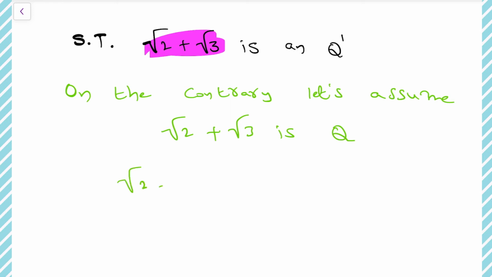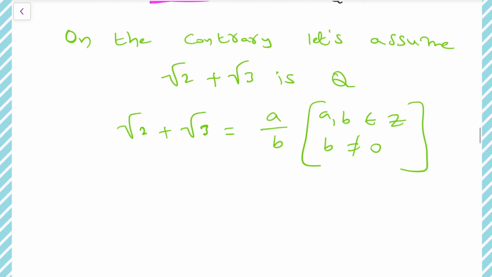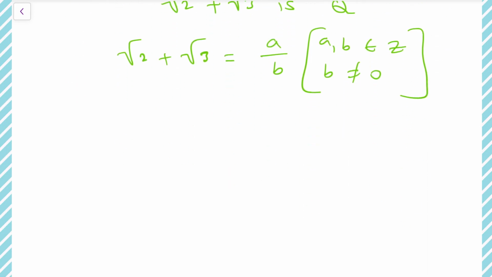So root 2 plus root 3 equals p by q. Actually our textbook is following a by b, so I am replacing p by q with a by b. Now a comma b both belong to integers and b not equal to 0. This is the condition.